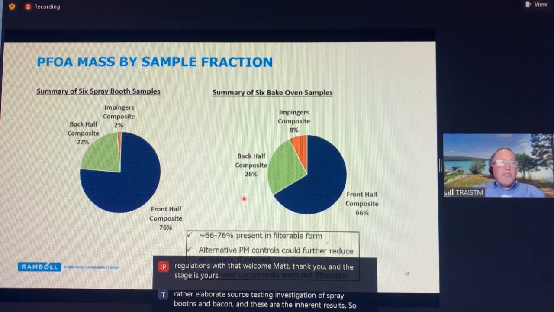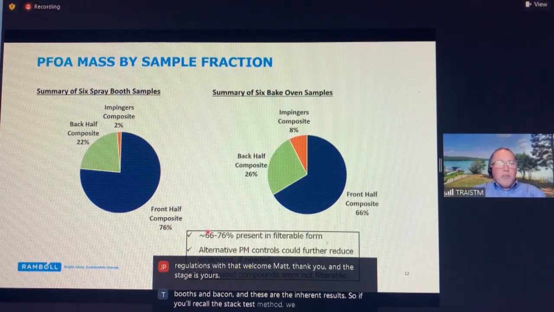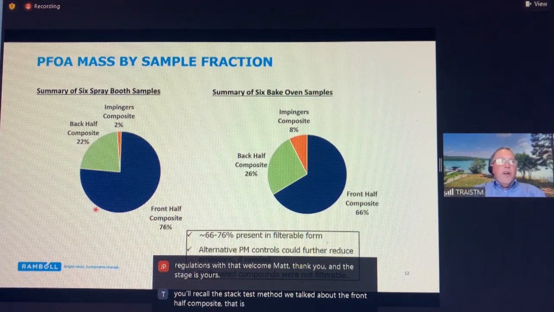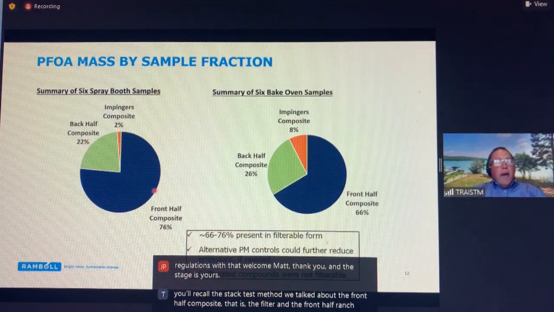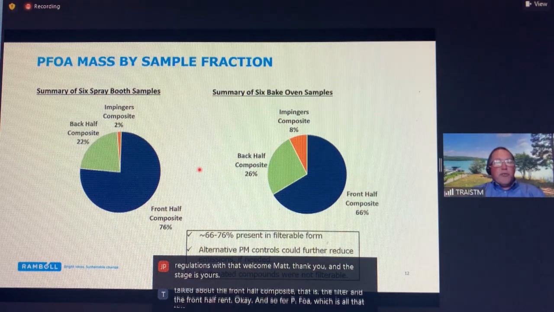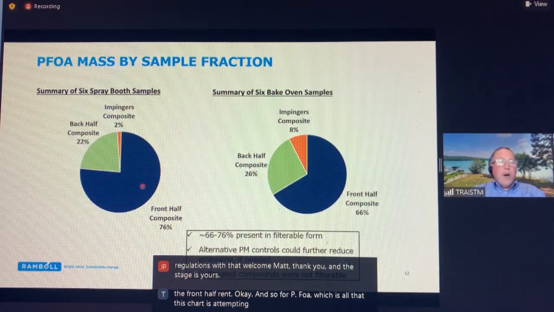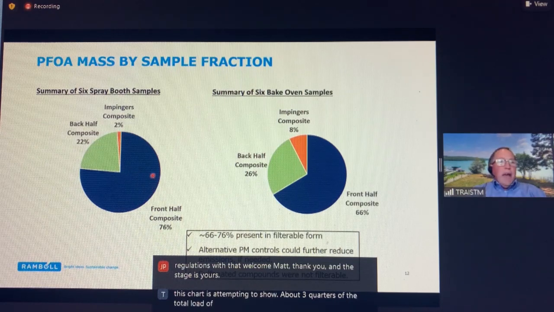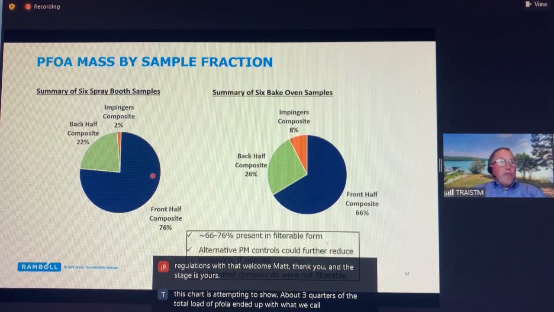So if you'll recall the stack test method, we talked about the front half composite. That is the filter and the front half rinse, okay? And so for PFOA, which is all that this chart is attempting to show, about 3/4 of the total load of PFOA ended up on what we call that front half.